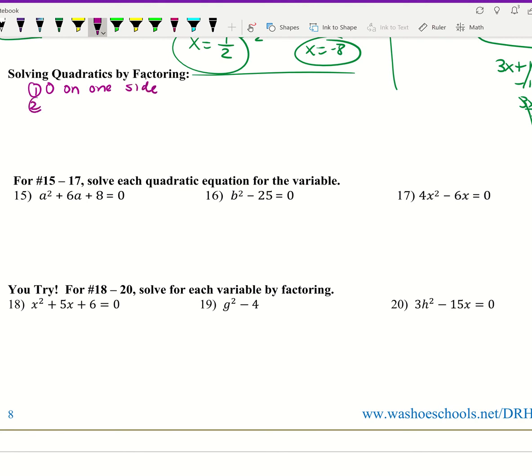And then you can factor the other side, like we practiced in topic 3. And then you can solve it using the zero product property like we did above. All right, let's try a few of these.